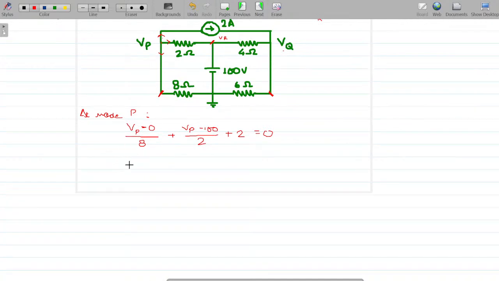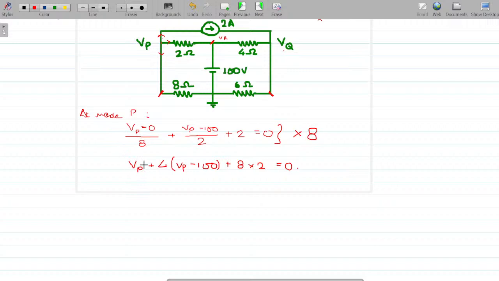When I multiply the entire equation by 8, what would it become? Vp minus 0 is 0. So, if I multiply it by 8, the 2 cancels out, plus if I multiply it by 8, what would it become? See, I have multiplied this entire equation by 8, right?